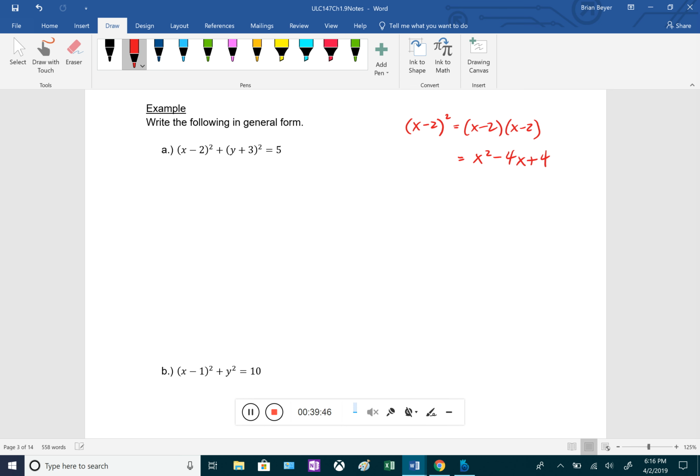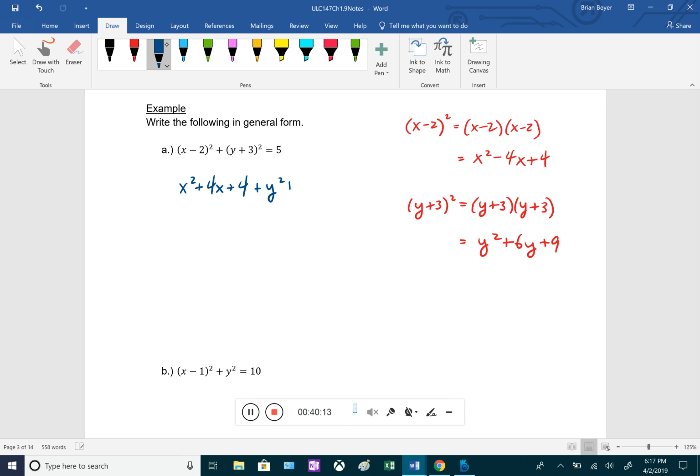So that's going to be the first part. And for y plus 3 squared, that equals y plus 3 times y plus 3. We FOIL that out, we would get y squared plus 6y plus 9. So that's our second part.